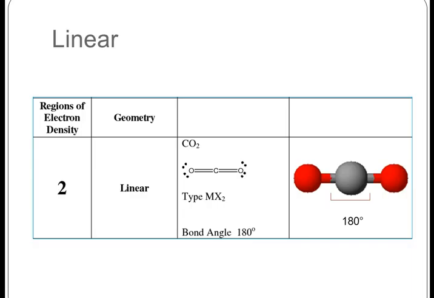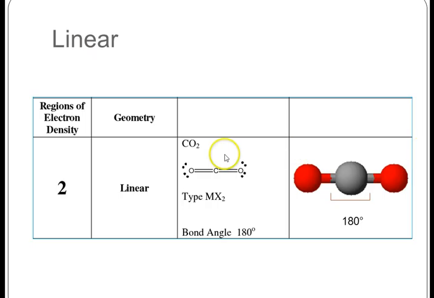When we have a molecule that consists of just 2 electron regions, there are no lone pair electrons, they're all bonded. And also remember, as we've talked about before, when we talk about lone pair electrons bonded, that is to the central atom.